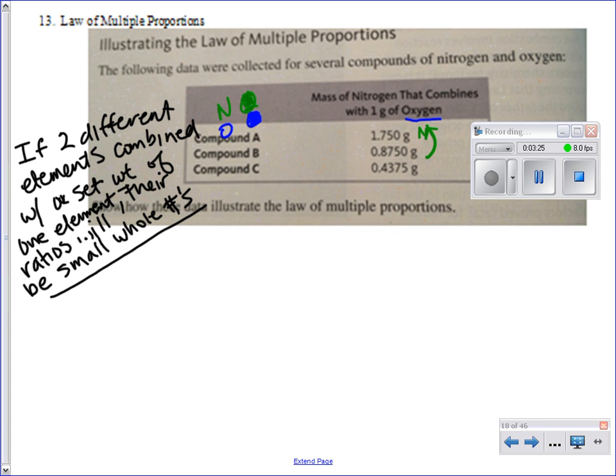It doubled. Do you see how it doubled? We're dealing with the whole number ratio thing, so we want to look at whole number ratios and see how ratios change. What if we go from C to B? What happened to the amount of nitrogen there? It doubled. What about C to A? It quadrupled. So that's going to give us the key to this issue.